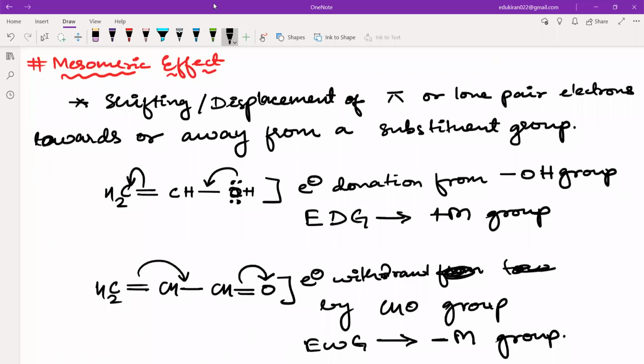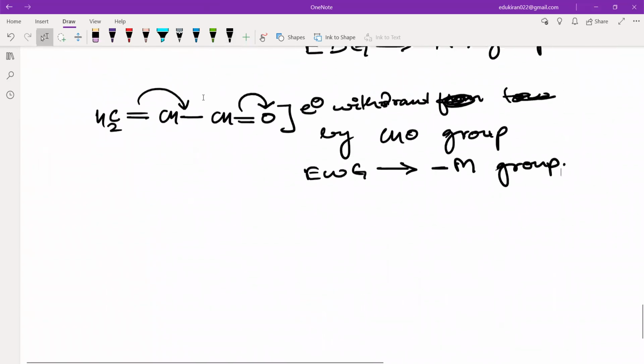See, you have to understand, you will be confused between mesomeric effect and resonance effect. So let me give you an example where you have resonance but no mesomeric effect.